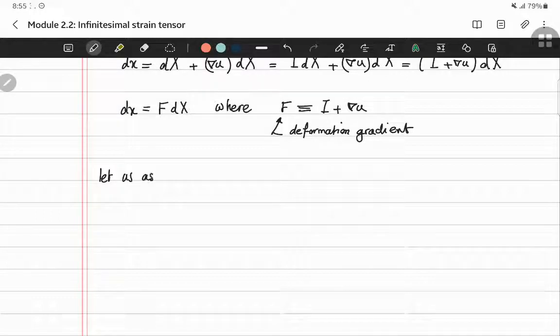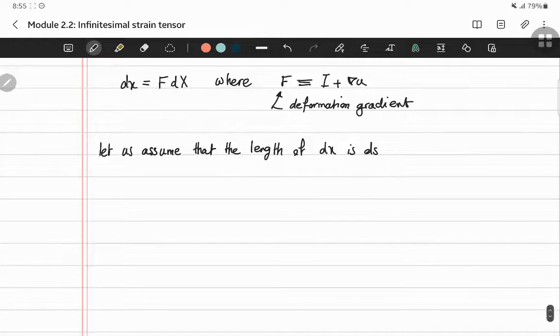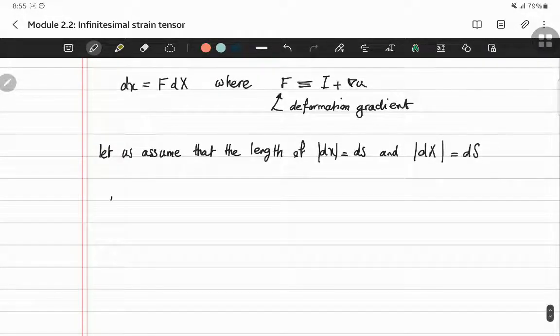Let us assume that the length of dx is ds, and the length of dX is basically dS, where this S is a capital letter S. So I have dx as F dX, so I can write dx dot dx is equal to F dX dot F dX.